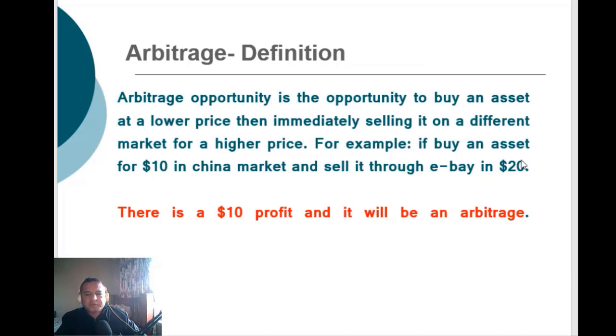So this slide is about the arbitrage definition. An arbitrage opportunity is the opportunity to buy an asset at a lower price and immediately sell it in a different market for a higher price.